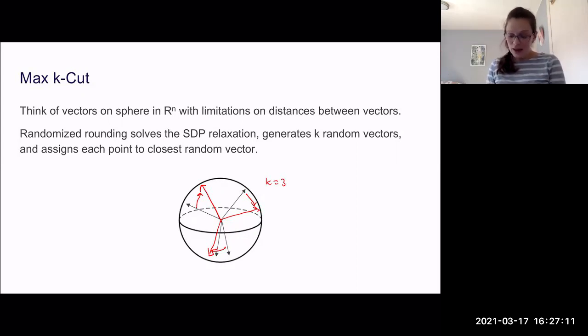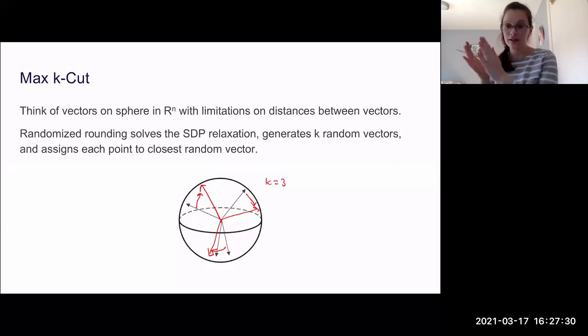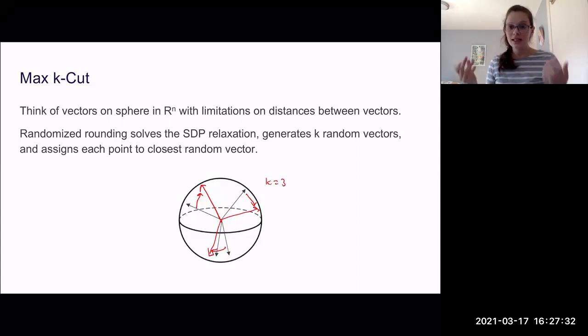And if we think about this randomized rounding, one of the problems is that we're likely to miss a cluster, because we have these k random vectors, we're likely to be close to two groupings of these vectors. And so we're not necessarily making use of all the information that we're getting out from this vector representation.